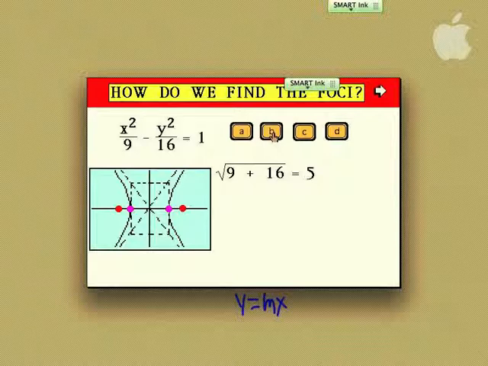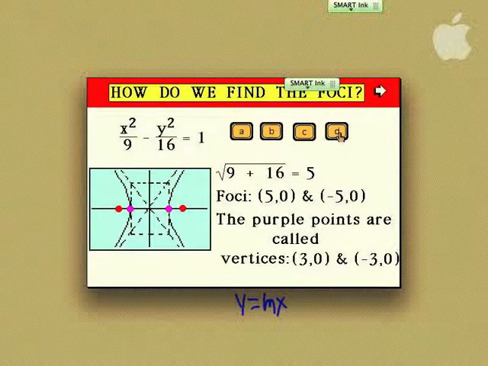For the hyperbola, you add them and take the square root. So that means the foci here would be plus or minus 5, 0. The vertices, remember, you started at the center, the origin, and you went left and right 3. So the vertices would be 3, 0 and negative 3, 0.